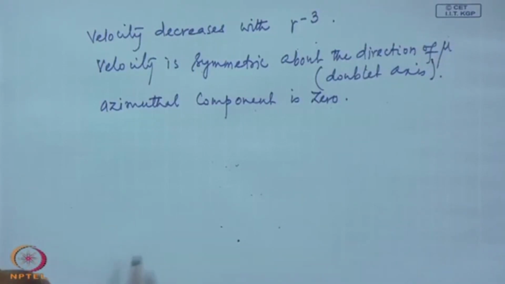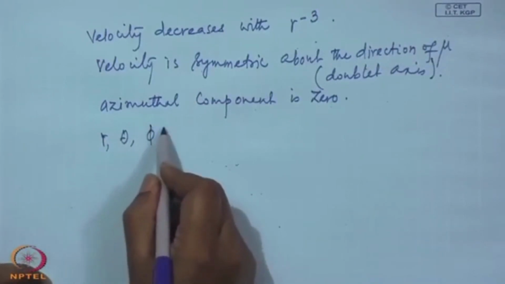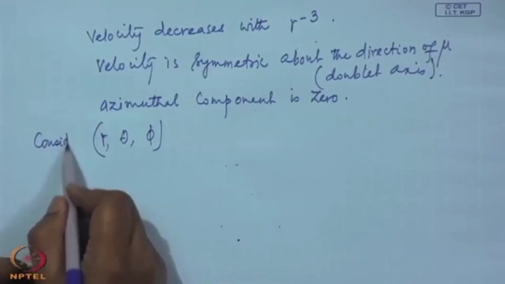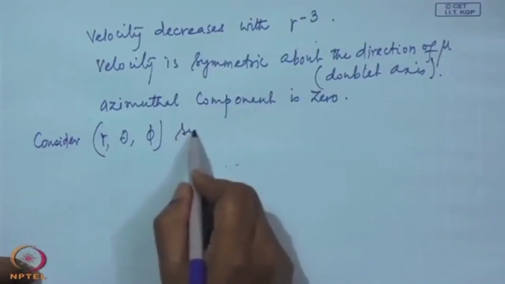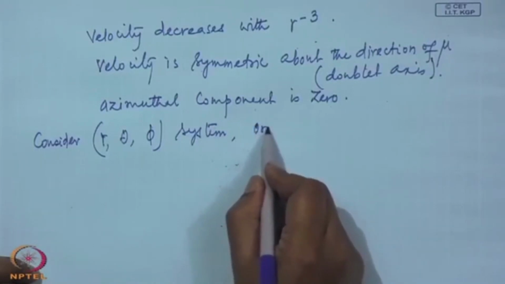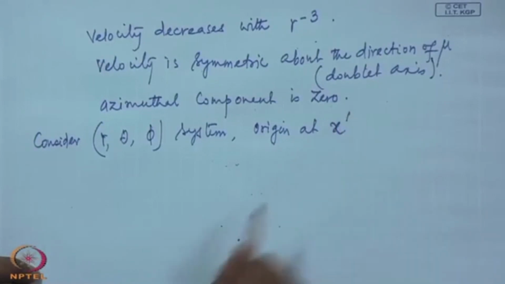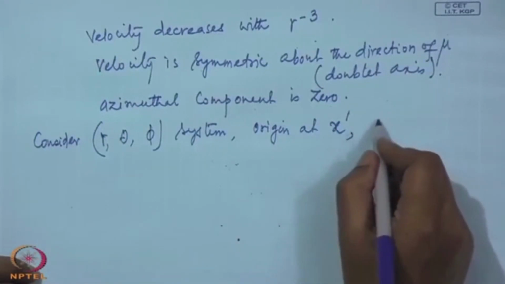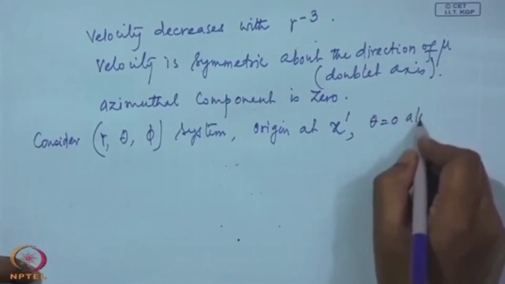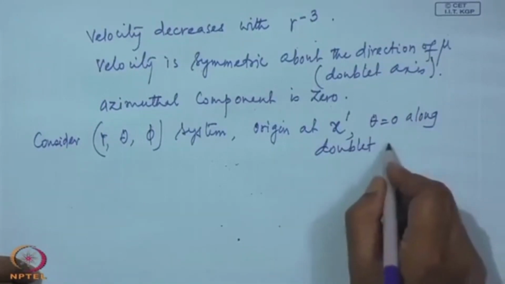Using the definition, considering an r theta phi coordinate system, origin at the location of the doublet and theta equal to 0 along the doublet axis, that is along the direction of mu.